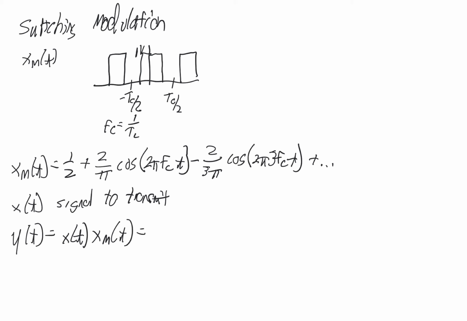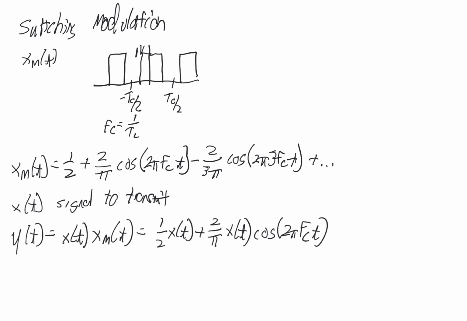Now I'm just going to take x of t and multiply it by each term of the Fourier series. So we're going to have a half of x of t, and we're going to have 2 over pi scaling up x of t, but multiplied by a sinusoid, and this is where the term modulation comes from. When we multiply by a sinusoid, that is a basic form of modulation.